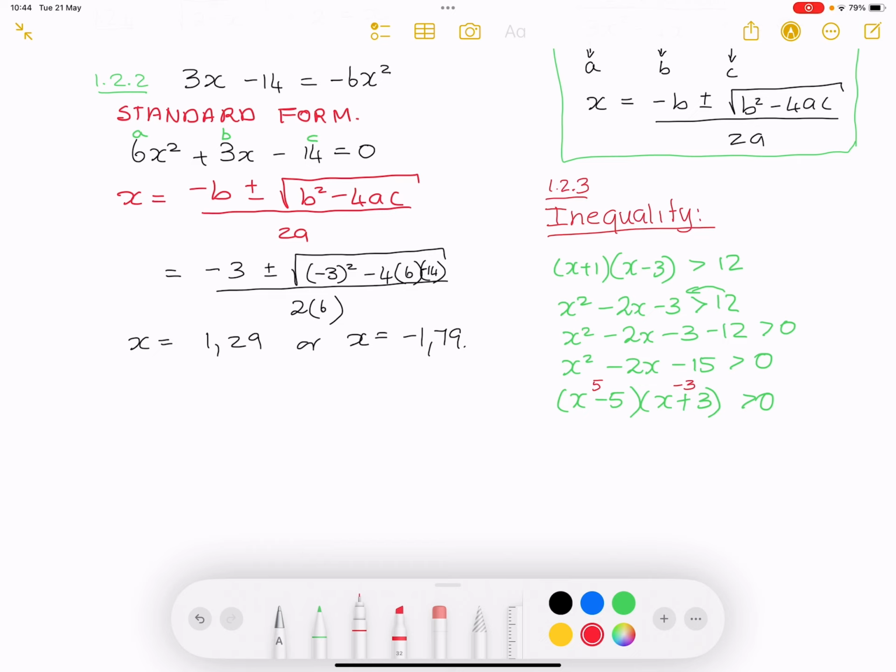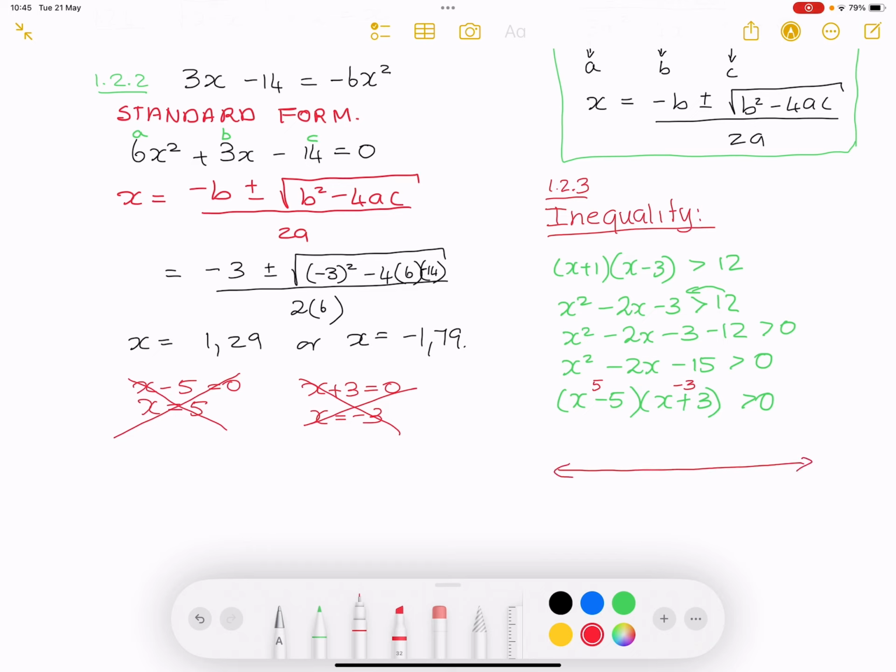What you actually do is x minus 5 is equal to 0, so x is equal to 5, and you forget about it, you just use the 5. And x plus 3 is equal to 0, so x is equal to negative 3, and you forget about that. So the values that you got, 5 and minus 3, you put them on a number line.